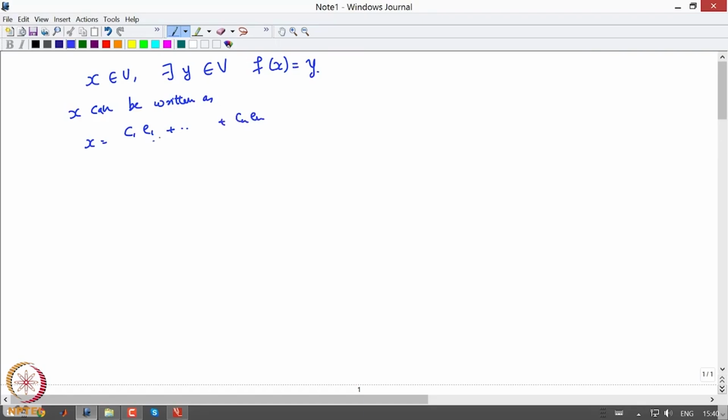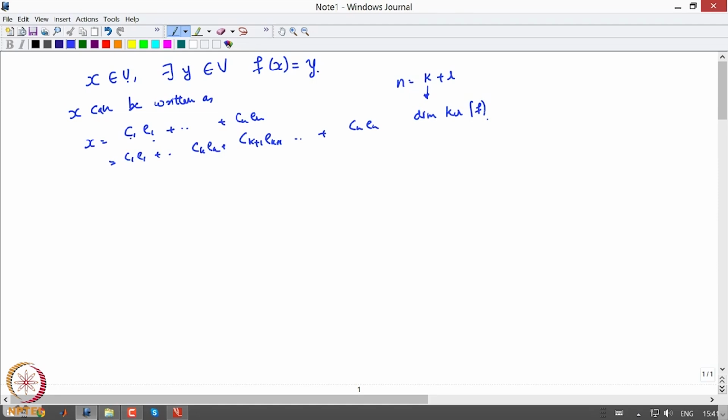Because E1 till En are the basis for U, x will have some of its own coefficients or coordinates. So, this will include C1 E1 plus Ck Ek plus Ck plus 1 Ek plus 1 till Cn En, where n was k plus r, where k we called the dimension of the kernel of f.